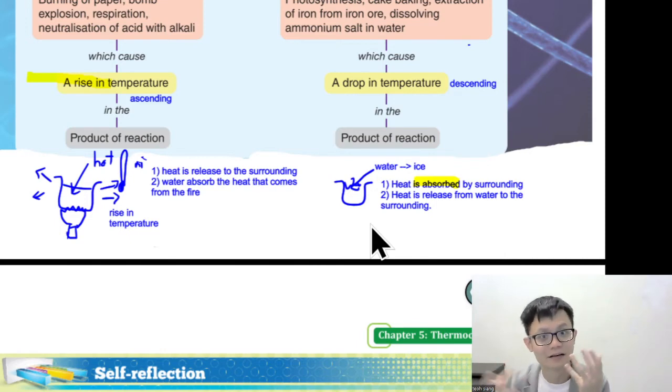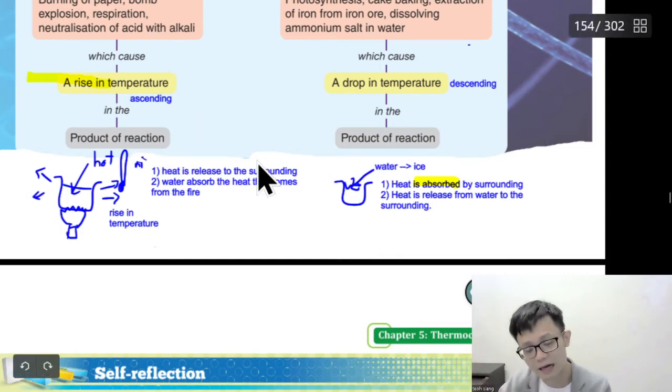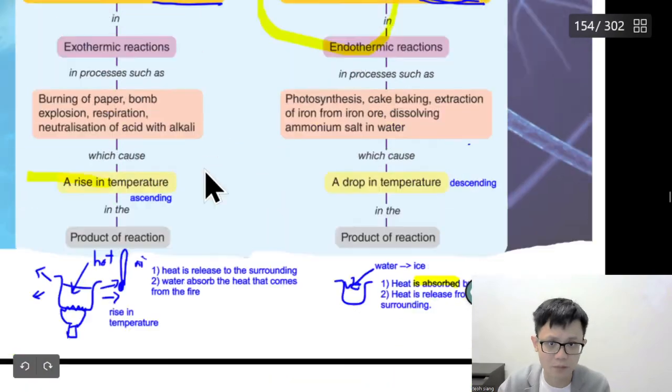This is the confusing question, because the pan absorbs heat from the fire, and then for the egg, the pan releases heat to the egg. This is the unclear question from the workbook, which I always find, especially in this chapter. If I see the book has a problem, then I just say the book has a problem.